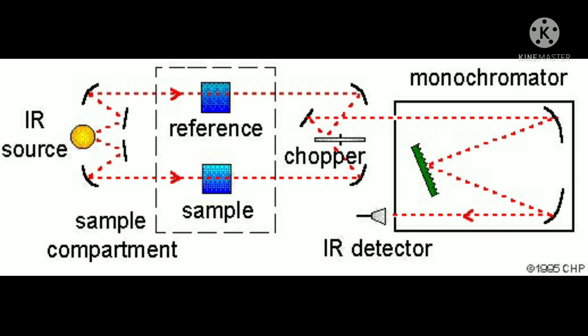We don't wear light clothes in winter. So while selecting our clothes there must be some criteria, and even for an IR radiation source there are certain criteria. For example, it must be continuous over the wavelength used, it should cover a wide wavelength range, and it should be constant over a long period of time.